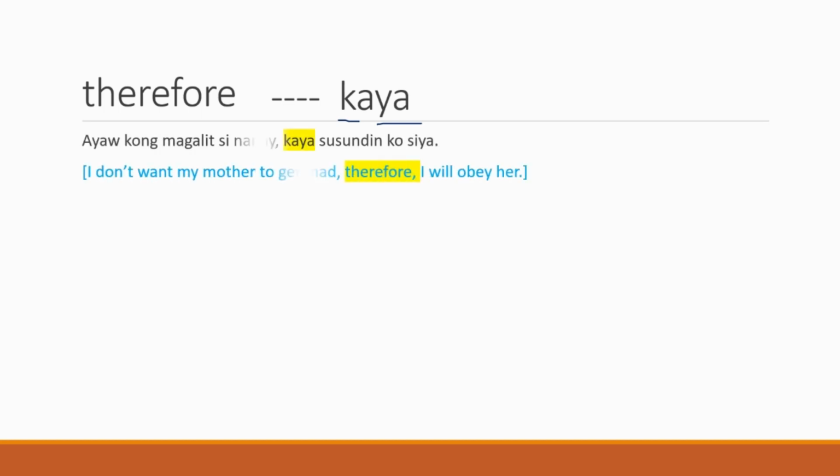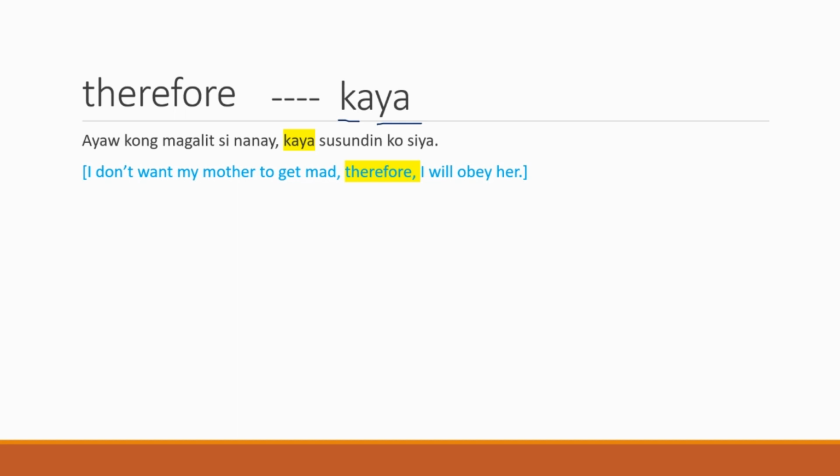We have here therefore. It is kaya in Filipino. Kaya. Kaya. We have here an example. Ayaw kong magalit si nanay, kaya susundin ko siya. I don't want my mother to get mad, therefore I will obey her.